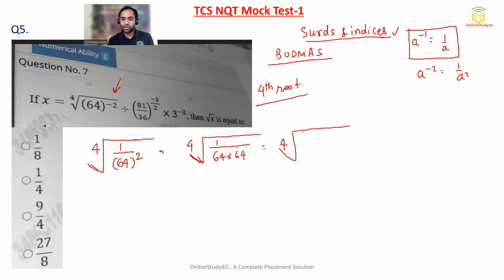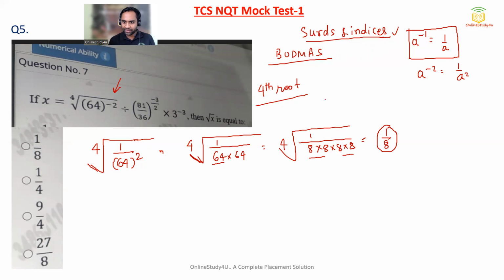Now you can write 1 by 8, 64, 8 into 8 into 8 into 8. Now, because here it is 4, we will be getting 1 by 8, because here it is fourth root of 1 by 8, 8 four times. So you will be getting 1 by 8.